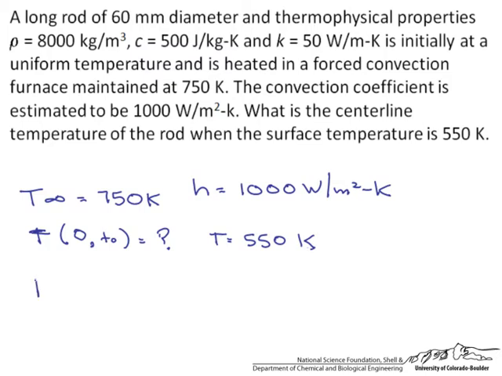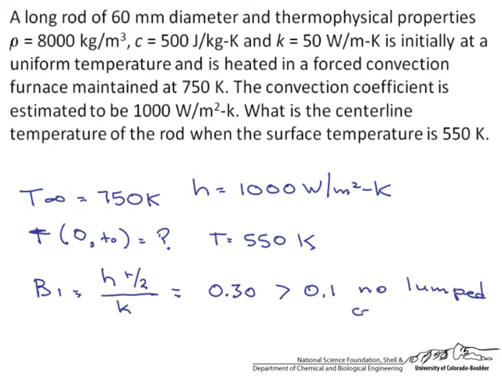So if we look, Bi equals h times r over 2 divided by k, and when we calculate that, we come out with 0.30. So that's greater than 0.1. We can't use lumped capacitance. So we go to our exact or approximation of the exact solution for an infinite rod.